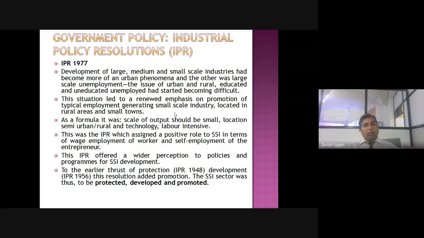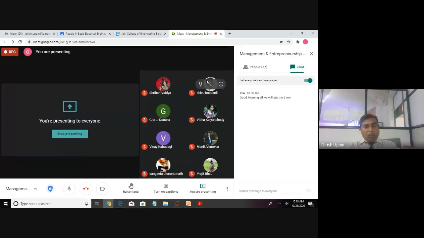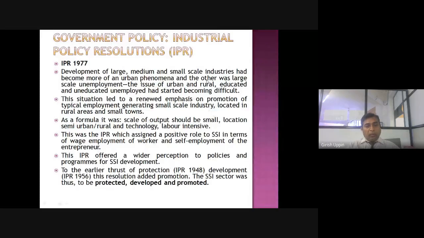So government came up with a lot of policy changes in this particular IPR, where they came up with a lot of promotion programs and incentives for setting up the SSI in rural and semi-urban areas. As a formula, the scale of output should be small, location semi-urban or rural, and technology and labor intensive.